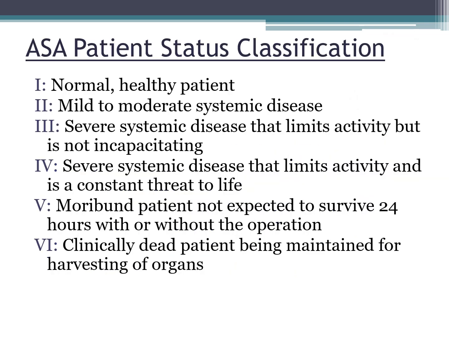So, the ASA classification is 1, 2, 3, 4, 5, and 6. 1 is a normal, healthy patient. 2, mild to moderate systemic disease. 3, severe systemic disease that limits activity but is not incapacitating. 4, severe systemic disease that limits activity and is a constant threat to life. 5, patient not expected to survive 24 hours with or without the operation.